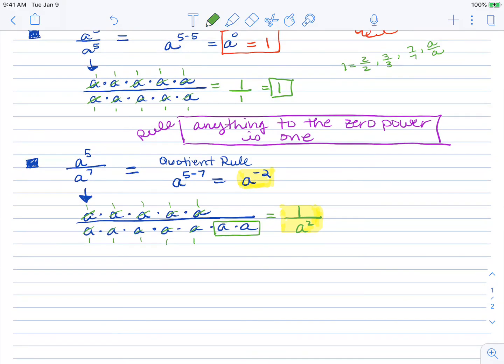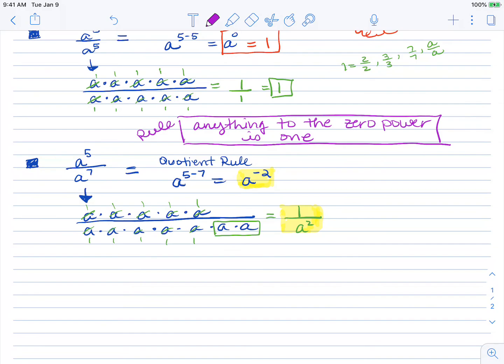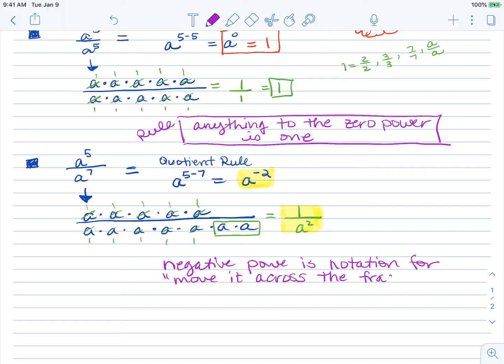So I'm going to write down this rule: this negative power is notation for move it across the fraction bar. Right? That's what that means.